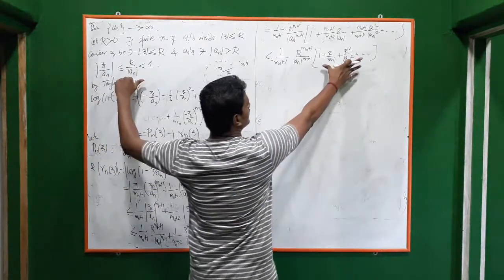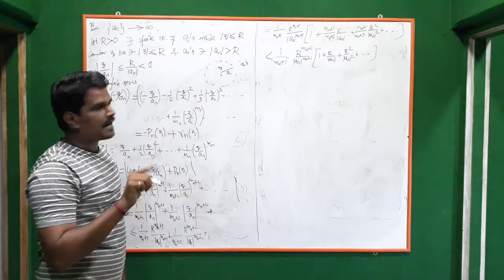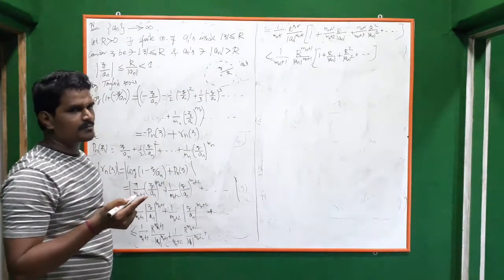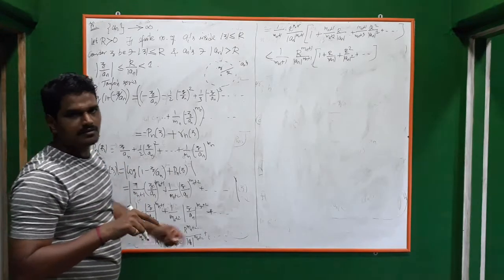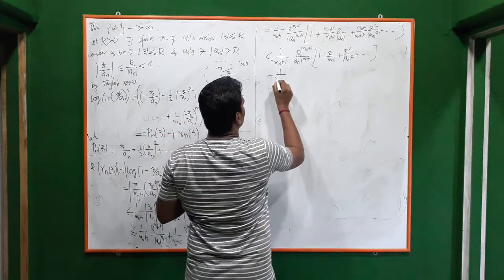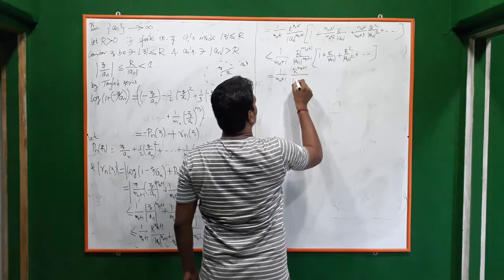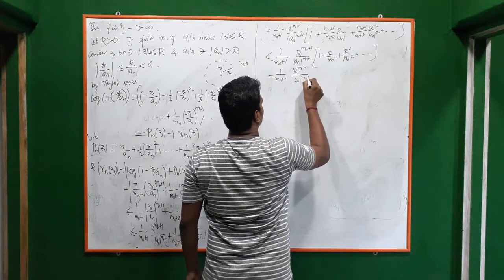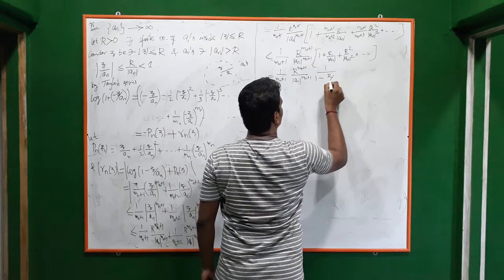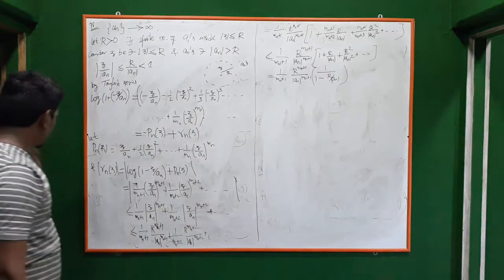So this infinite series converges to what? 1 by 1 minus r by mod an, because 1 plus z plus z square and so on with mod z less than 1 means that will be 1 by 1 minus z. So here r by mod an is there. So this will be equal to 1 by mn plus 1 r power mn plus 1 by mod an to the power mn plus 1 into 1 by 1 minus r by mod an.